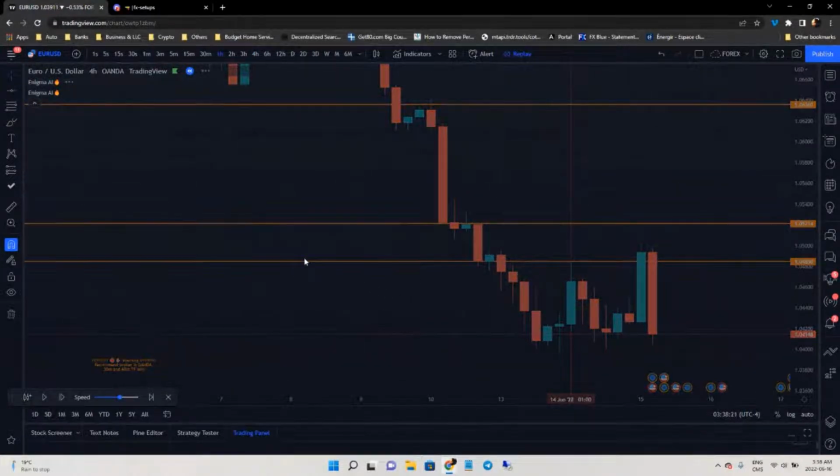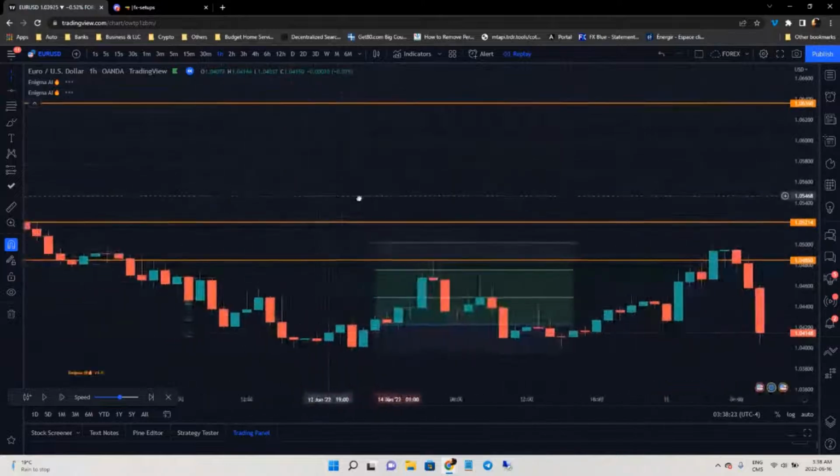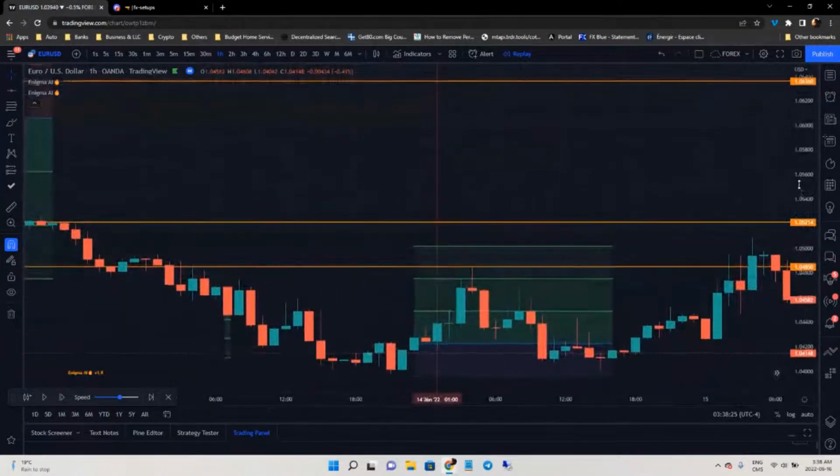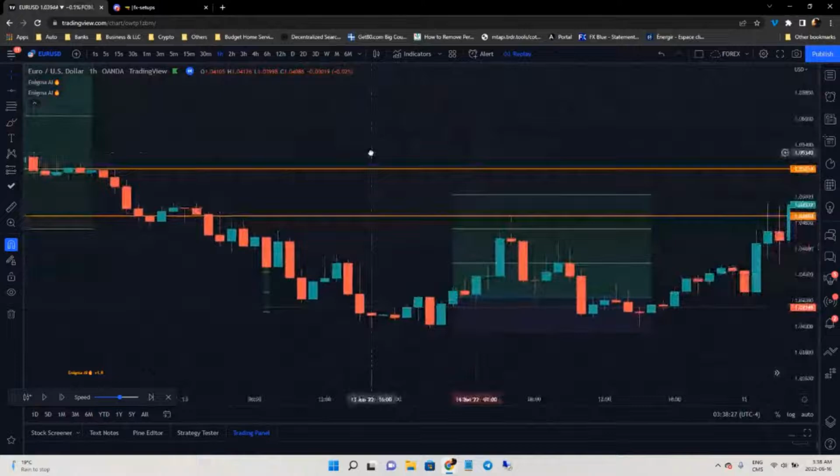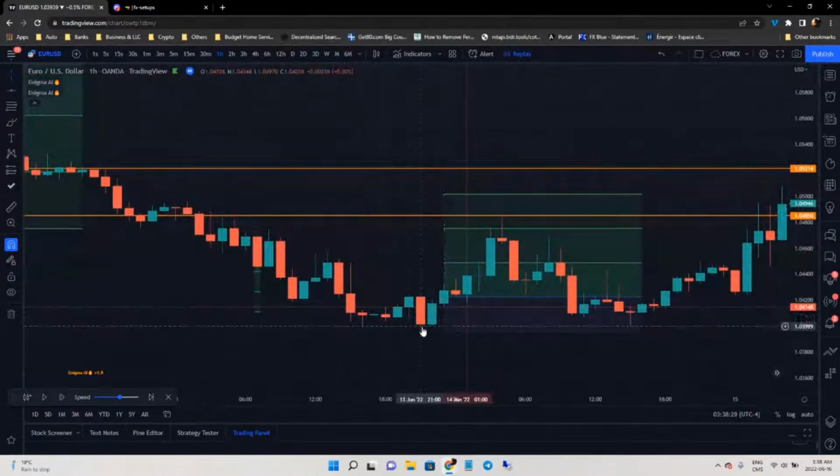So we go back on the H1, and we took that trade idea. That would be my take profit to get out of the market.